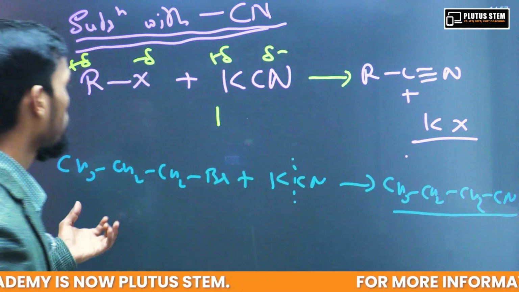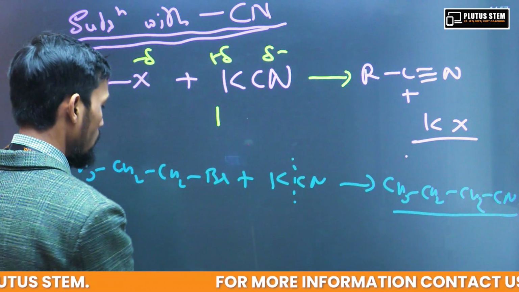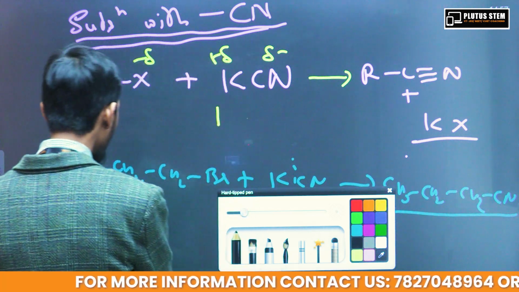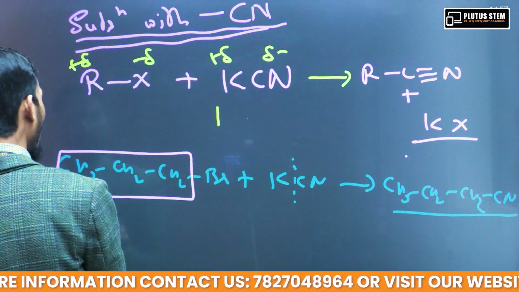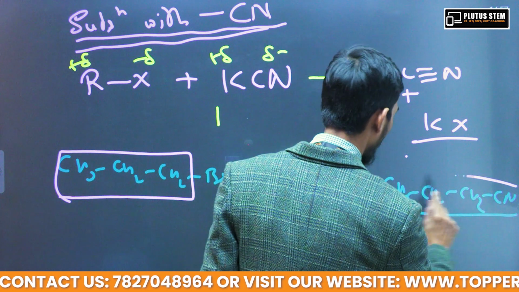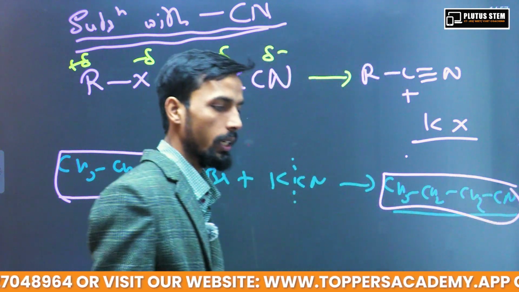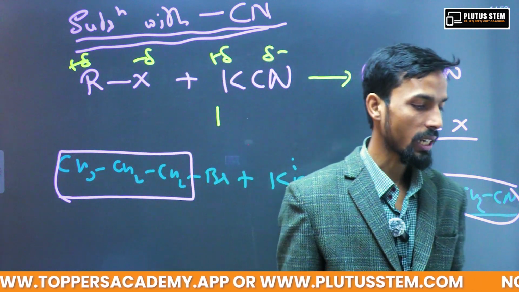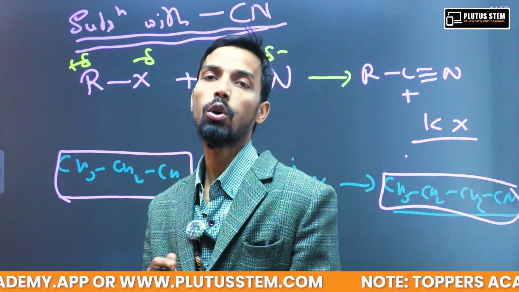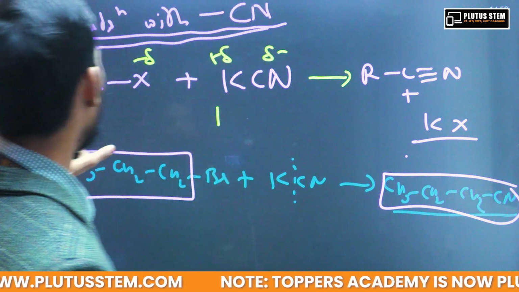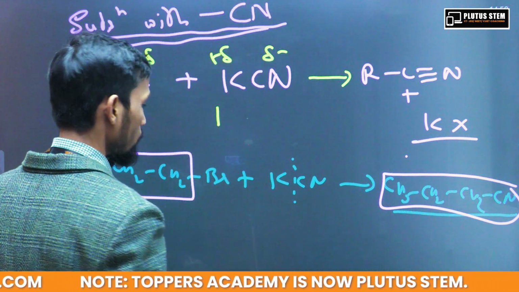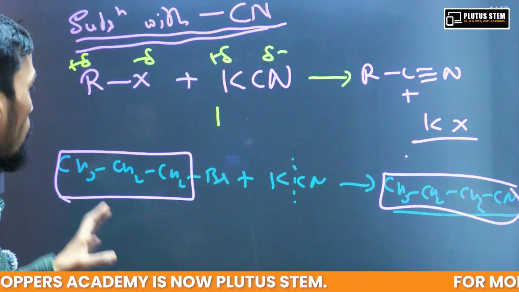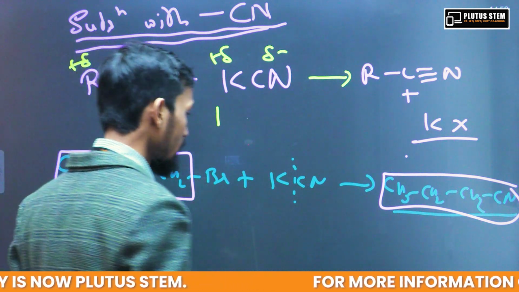So here one important thing we can visualize is that we are increasing the chain. Here we are having a 3-member chain, and in the product we are having a 4-member chain. So when we are reacting with KCN or NaCN, such type of product we are going to get with the substitution of this cyanide.